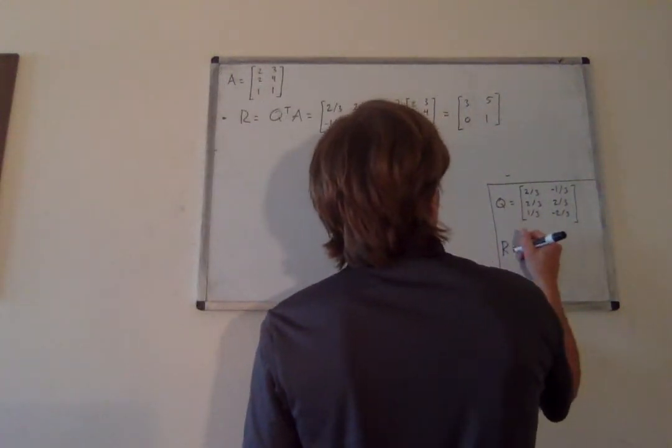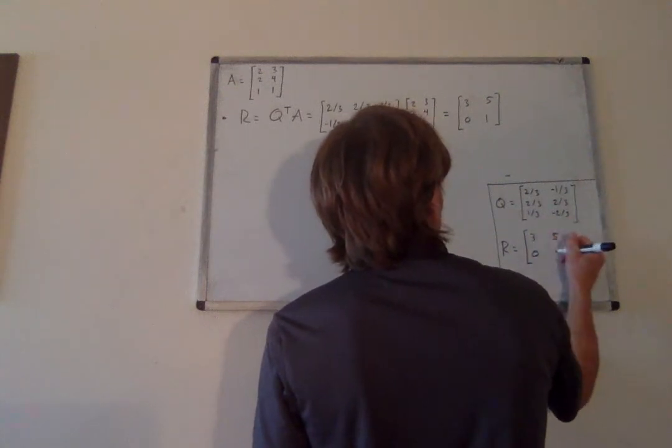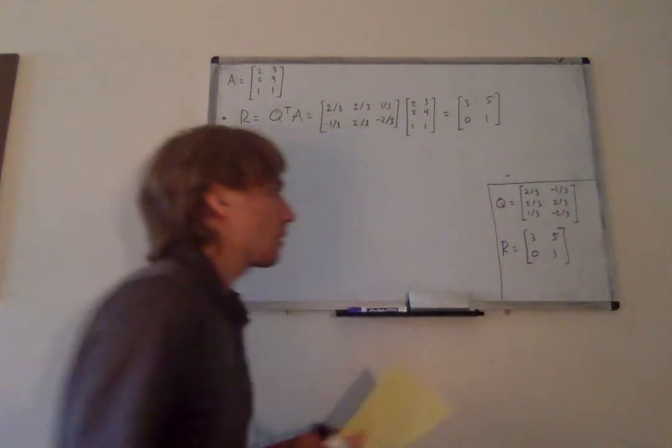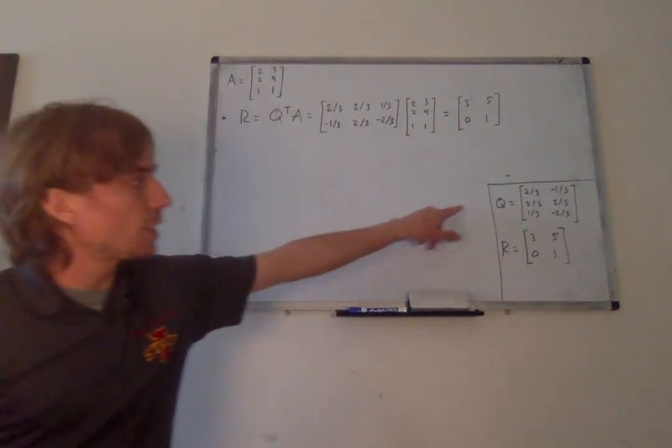And this makes sense, remember, because R should be an upper triangular matrix with positive entries on the diagonal. So we have our QR factorization for A.